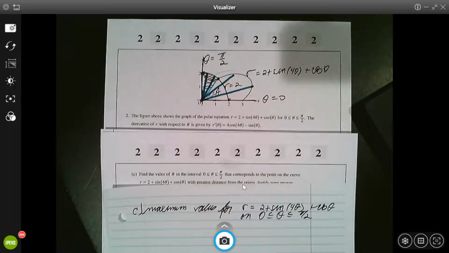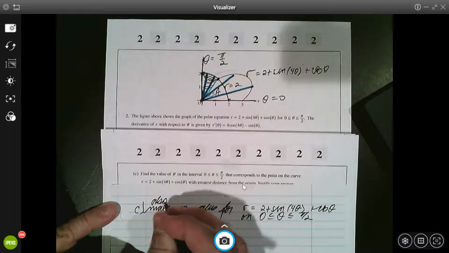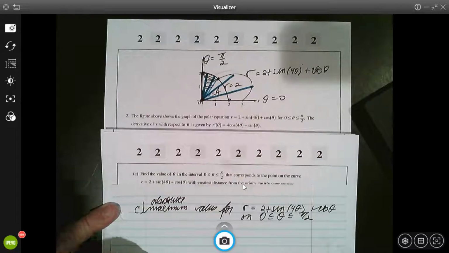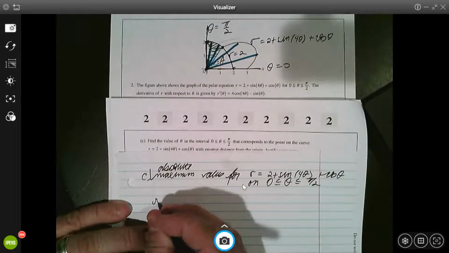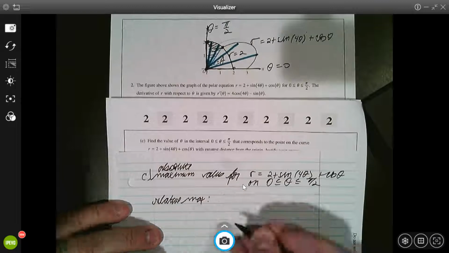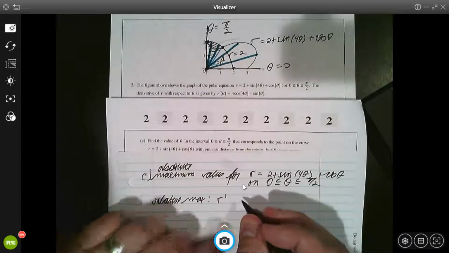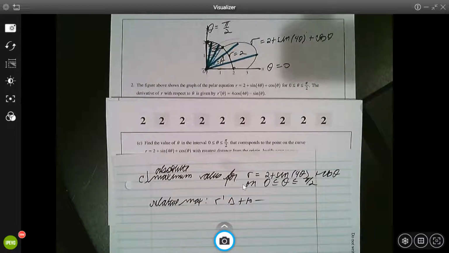When we look for a maximum, what we're really looking for is an absolute maximum. Our process is to look for the relative maximum, which is your candidate. The relative maximum is where r prime, the derivative, changes from positive to negative.